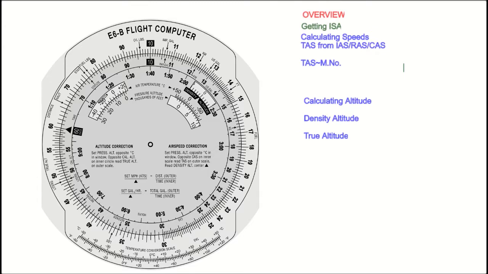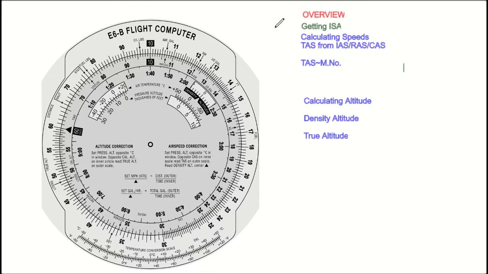It is reading minus 25. So under ISA conditions, the temperature at 20,000 feet, flight level 200, is minus 25. That's how you find the temperature at a given pressure altitude under ISA conditions. And if you have been given ISA plus or minus, you can apply that plus or minus to find the actual temperature at that pressure altitude.